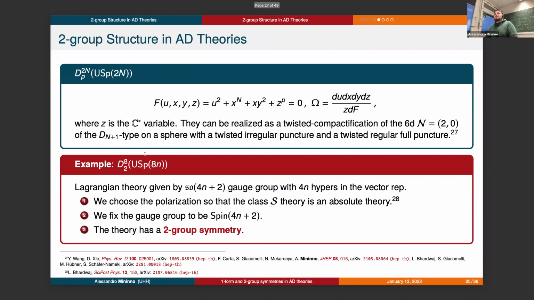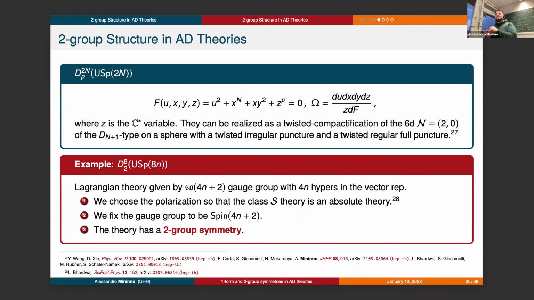But where do Argyres-Douglas theories come from? So far there is no Argyres-Douglas, it's just a story of a two-group. The idea is that there is a specific kind of Argyres-Douglas theory, D2 USp(8N), which is given by a generalized hypersurface singularity.